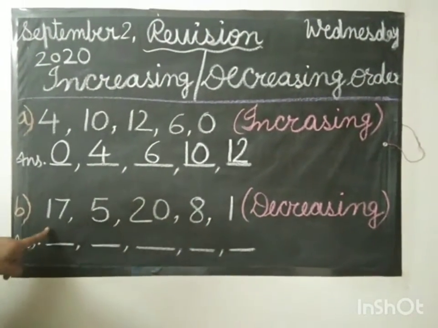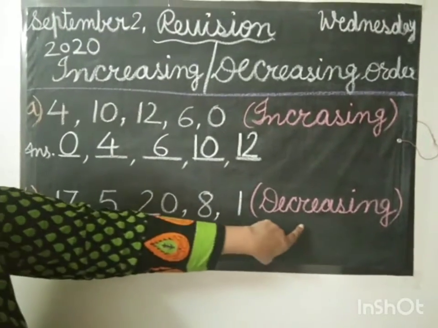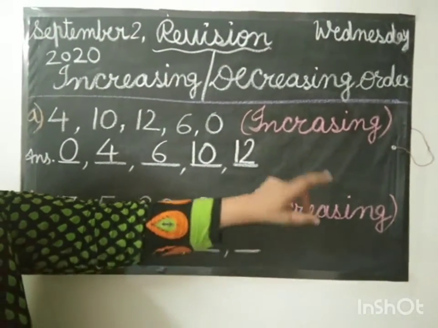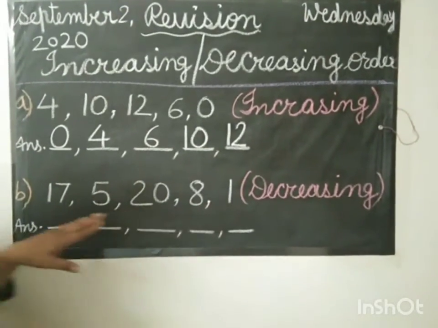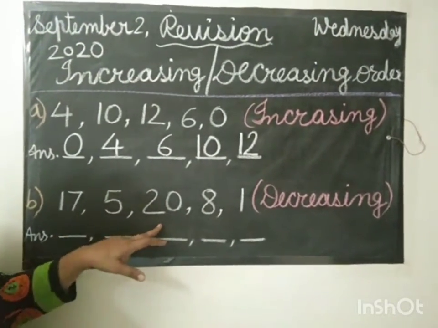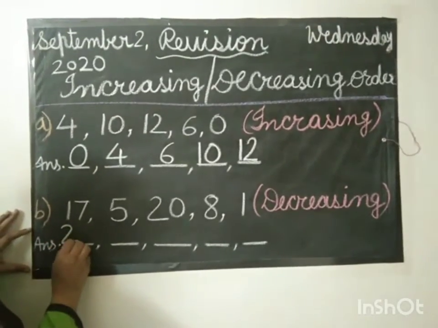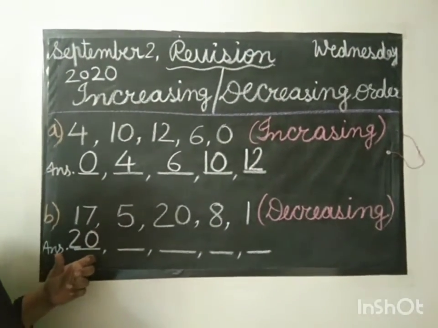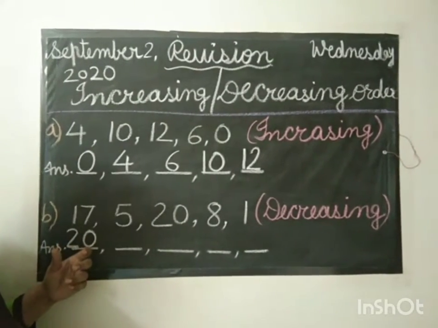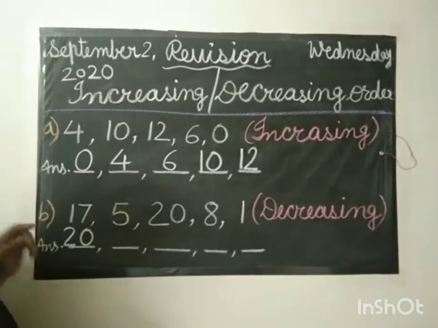Now we will arrange these numbers in decreasing order. Means big to small. Which is the biggest number here? Can you see? 20. So first of all we will write here 20. Then which number is smaller than 20? 17.